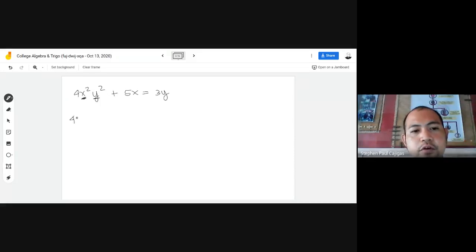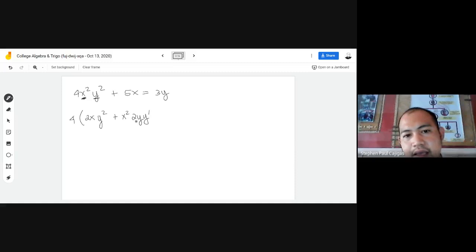So this will be 4 times the derivative of x squared, which is 2x, copy, and the second, y squared. Plus, copy x squared, and what is the derivative of y squared? That is simply 2y. Then, because we are getting the derivative of y, we will be putting y prime.